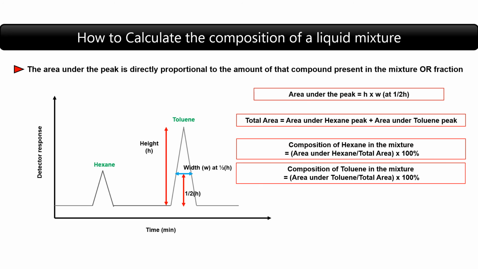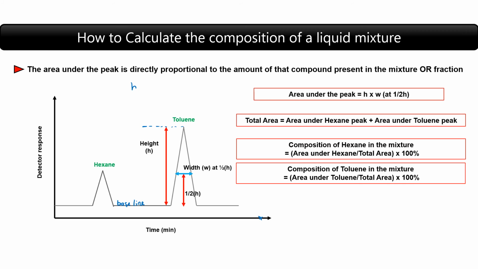For example, we're looking at this toluene peak. We get the height from the baseline. Remember, it's not from the x-axis, it's from the baseline. Height from the baseline to the top of the peak.